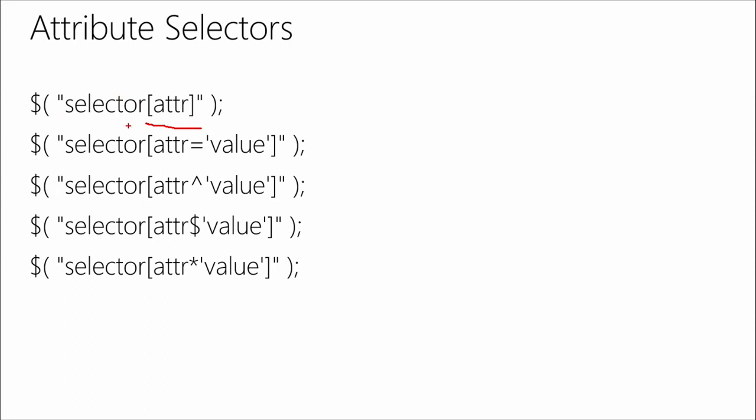Select everything with that. Or we could do select something with an attribute that equals a particular value. Now that's a very popular one. So we want to look at something with a certain color or again required or whatever particular value some attribute might have that matches that selector.